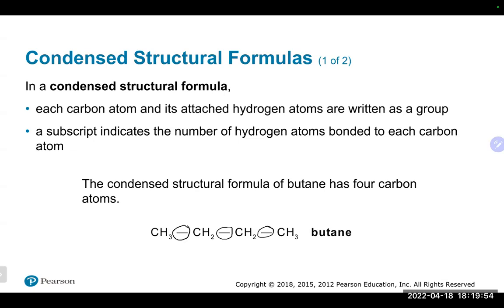But it is important to remember that although it is written like this, the connection that's actually happening is always carbon to carbon, and then the hydrogens off of those carbons. The formula may imply that the hydrogens are in the middle, but it's not. It's always carbon to carbon connection, and hydrogens on the outside, like we talked about.